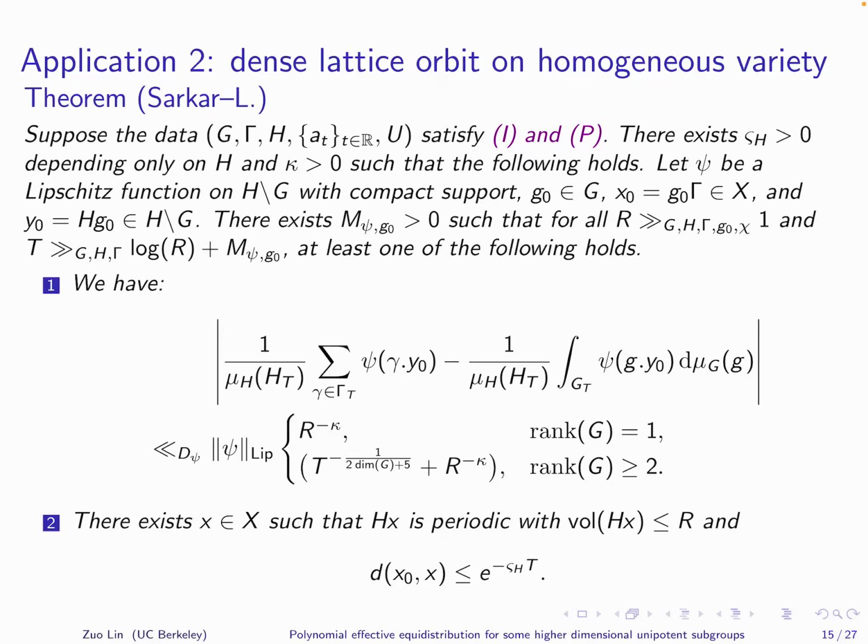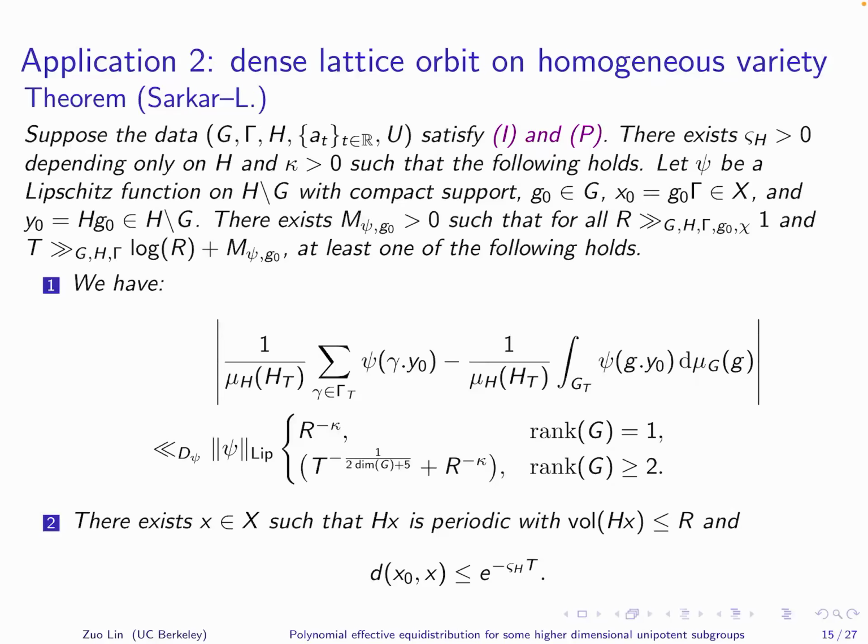In the case where the rank of the larger group G is 1, we get an exponential rate, e to the minus kappa T. When the rank of G is at least 2, then the error term is slightly worse; it is polynomial in T. All of this should start with an initial point that is Diophantine, so that in the dual version, the corresponding point in the space G mod gamma has a periodic H orbit with small volume.